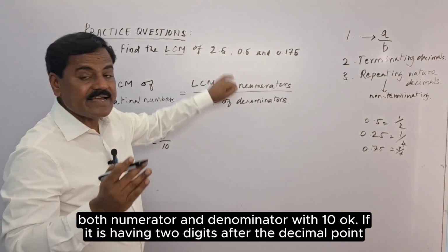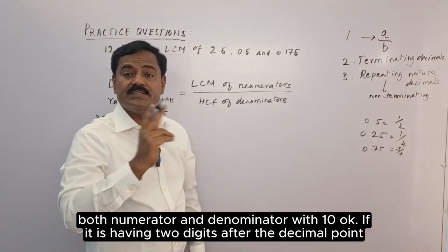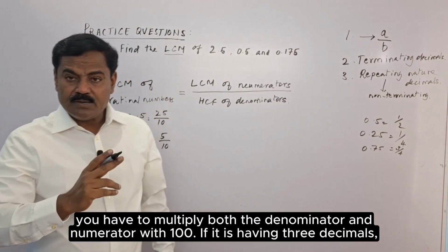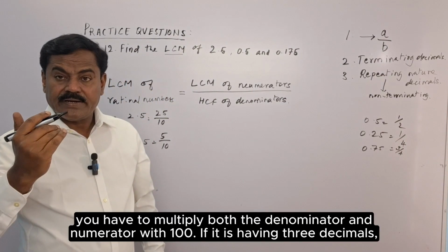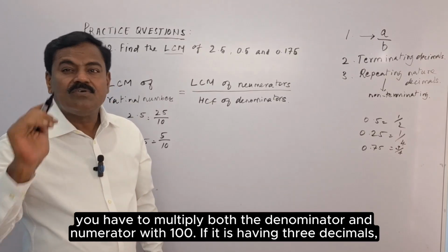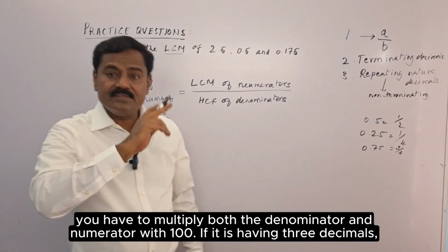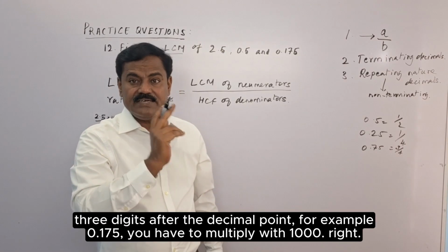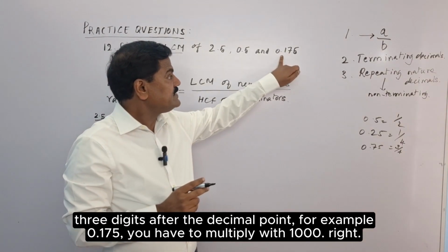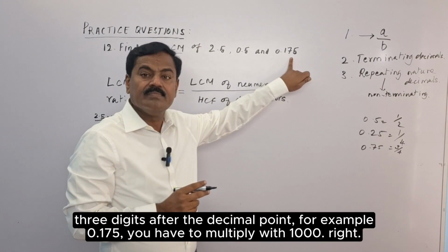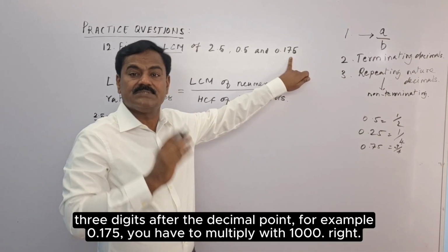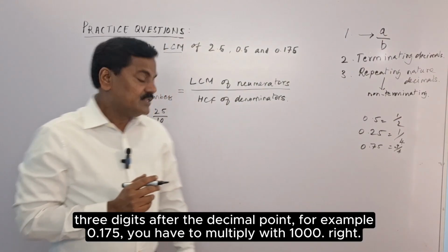If it is having two digits after the decimal point, you have to multiply both the denominator and numerator with 100. If it is having three digits after the decimal point, for example 0.175, you have to multiply with 1000.